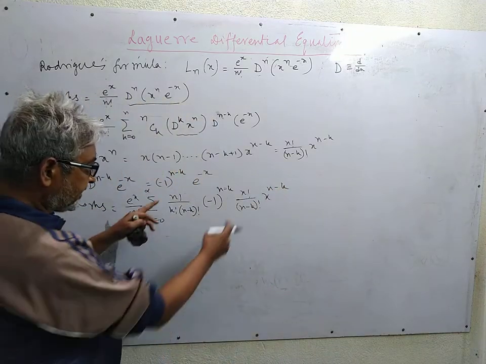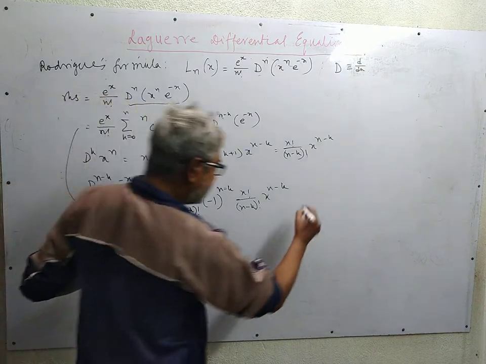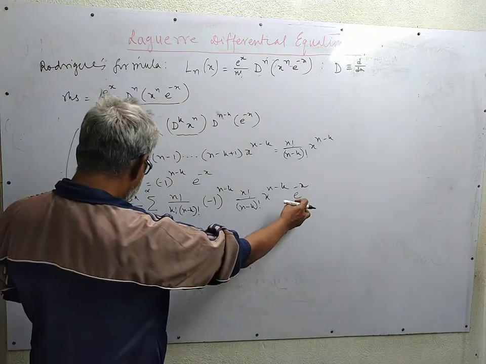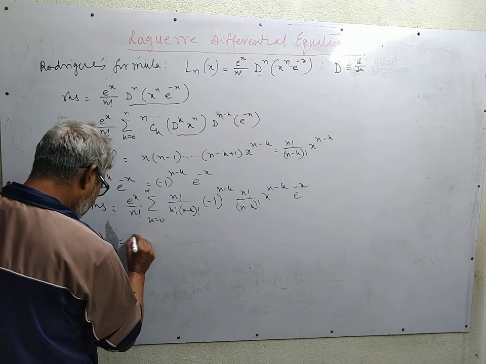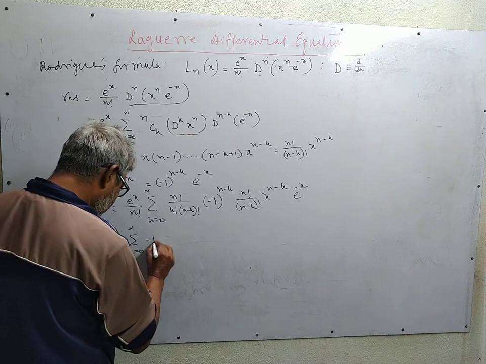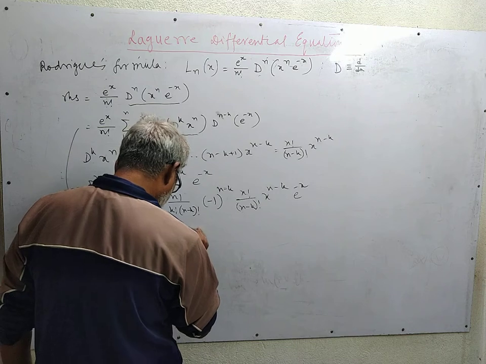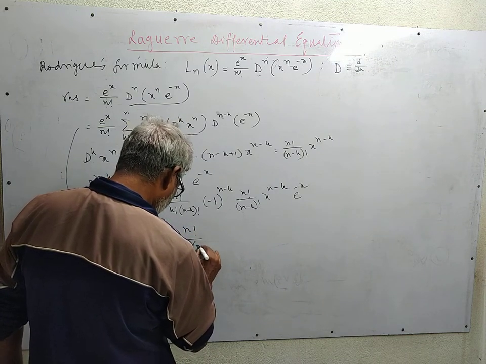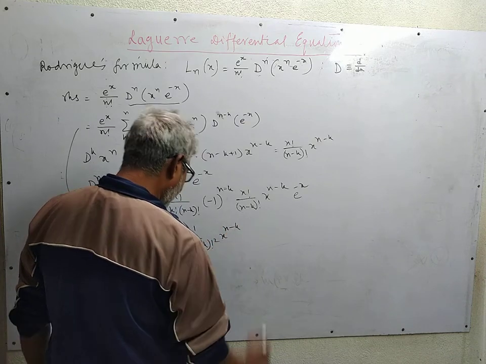Now there is n factorial squared, one gets cancelled with this, and I have missed the e to the power minus x part, so this e to the power minus x cancels with e^x. Altogether we get summation over k equal to 0 to n, minus 1 to the power n minus k, n factorial by k factorial times n minus k factorial squared, x^(n minus k).